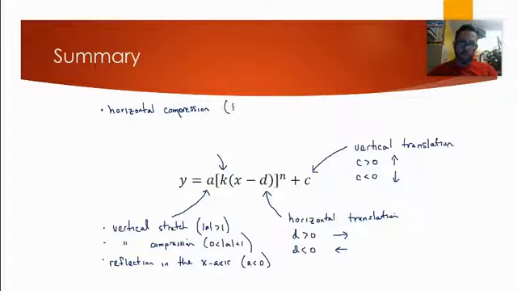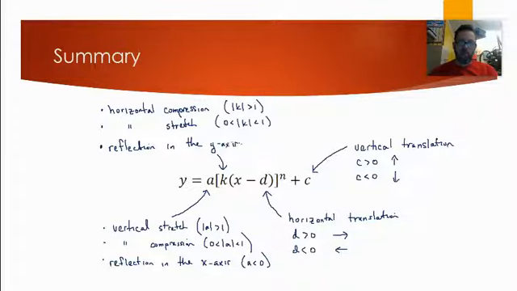And that's if the size of K is greater than 1. It gave you a stretch if the size of K is between 0 and 1. And then we saw that you could get a reflection in the y-axis if K is less than 0.